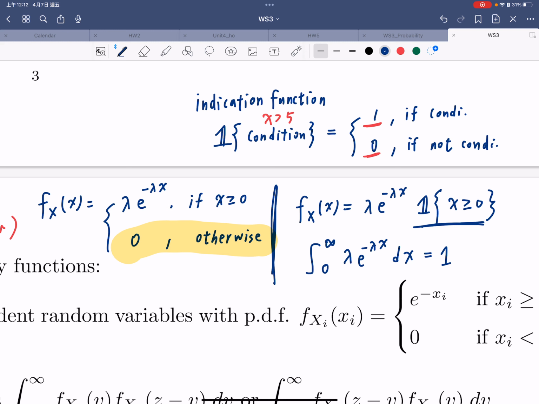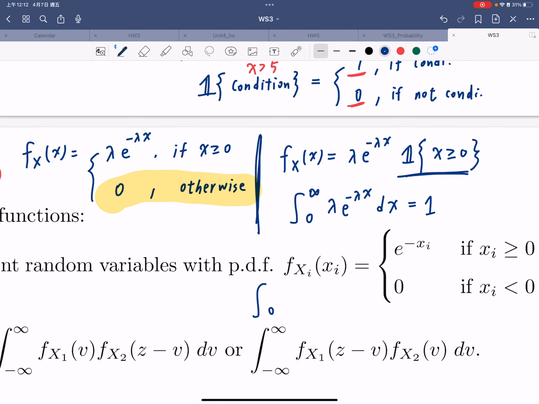And if you want to find the mean, x times lambda exponential x dx, you will get lambda. So recall that if you want to find the mean, the average value, then we integrate x times p of x.